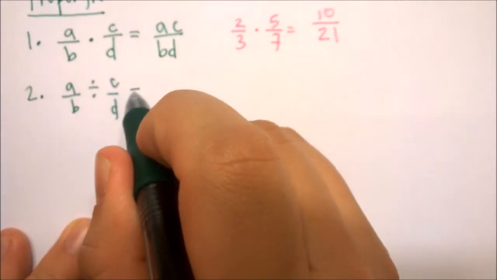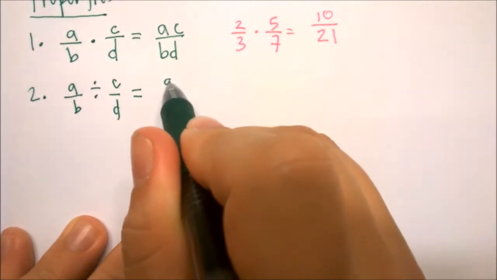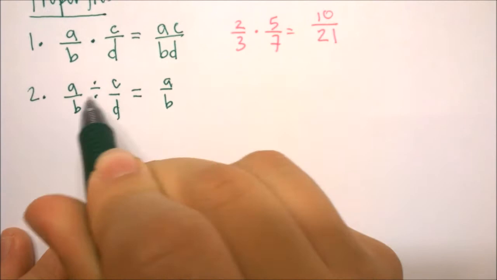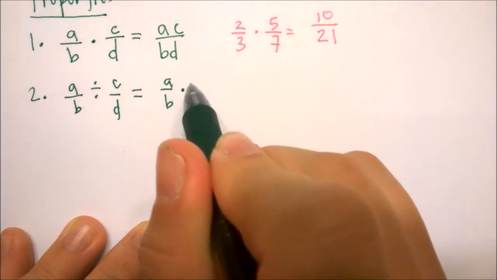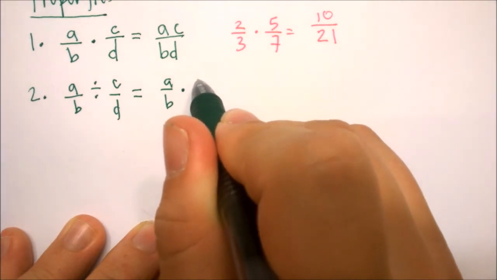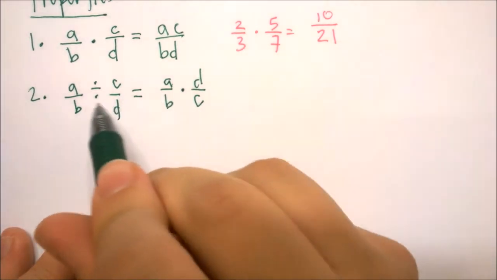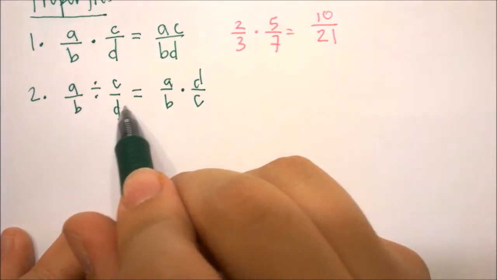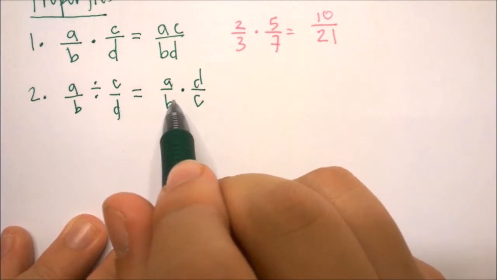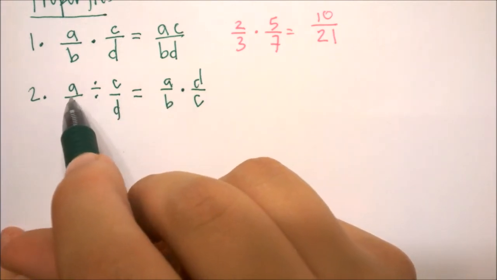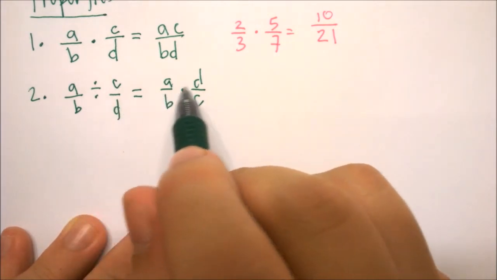What we're going to do is the property is that a over b divided by c over d is the same thing as saying a over b times d over c. So what we do when we divide by a fraction, we can multiply by its reciprocal. So just when we see a fraction divided by a fraction, we just flip it and we'll get the same thing.